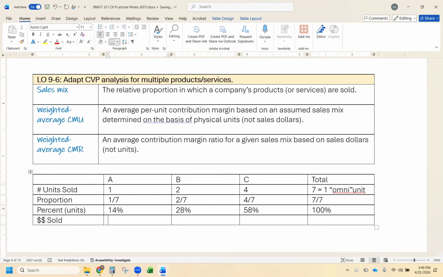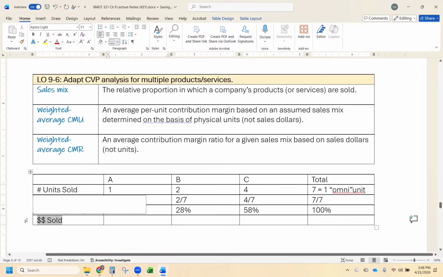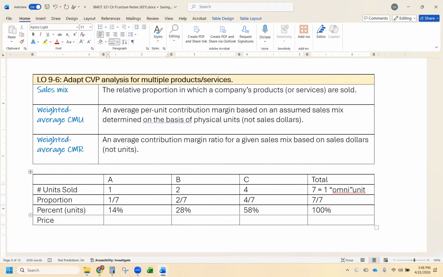Like if all these were $1 each, then the sales would be in the same percentages, but they might not be. So let's put in a price. So this one is $1, but this one is $2, and this one is $3.